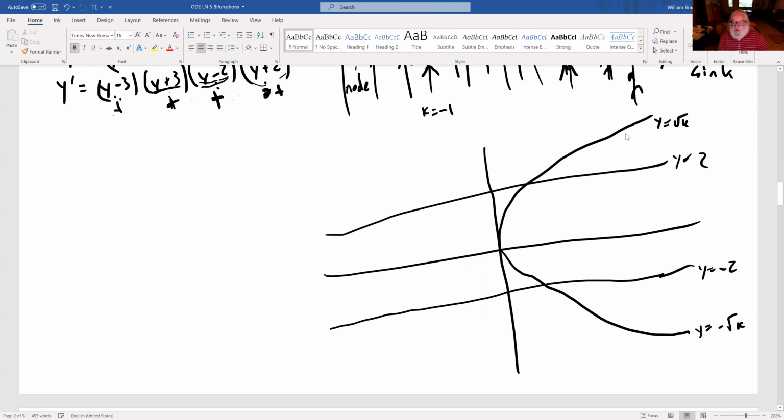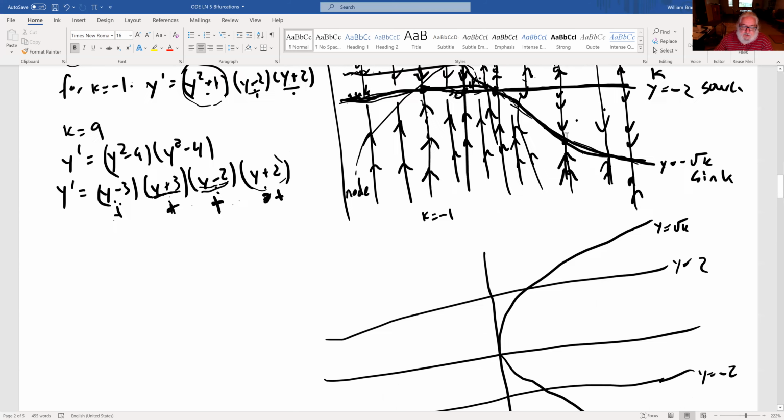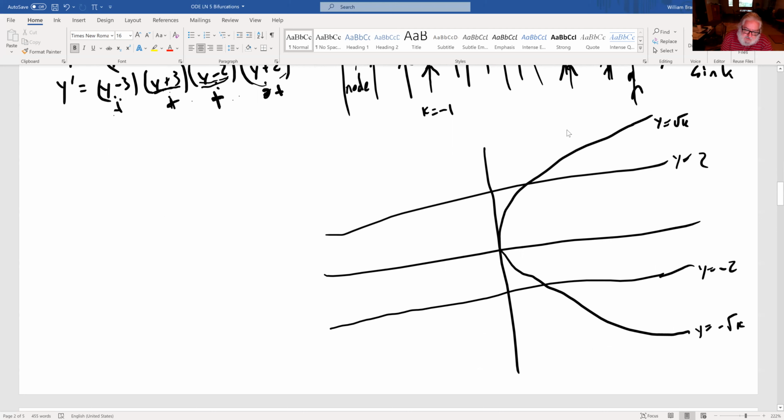There's our equilibria. We know that this is a source out here. That means things are going away from it. This is a sink here. That means things are going into it.